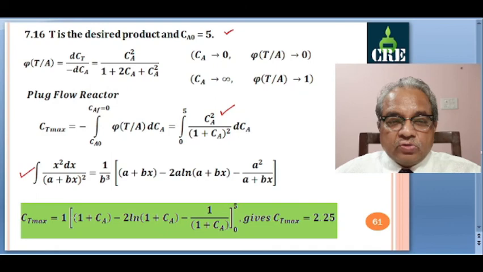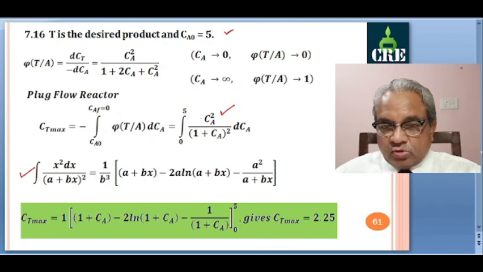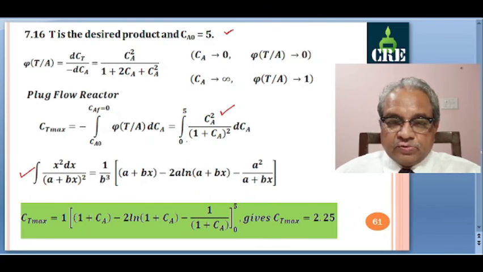and outside we don't have anything, so I have just written 1. You should remember, whatever is constant is there, it will come outside, so it is 1. And 1 by b cube, b is also 1, so it will remain as 1.